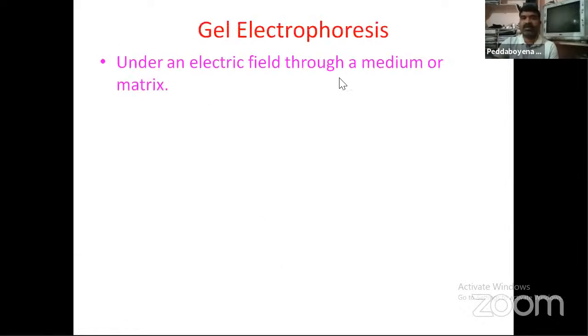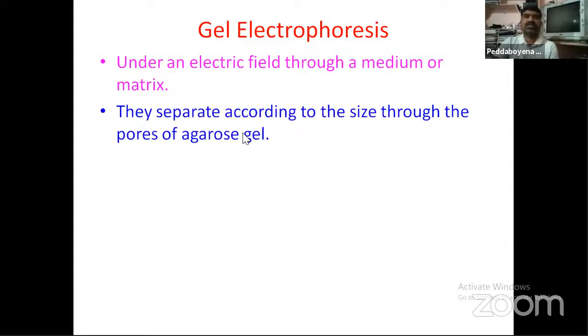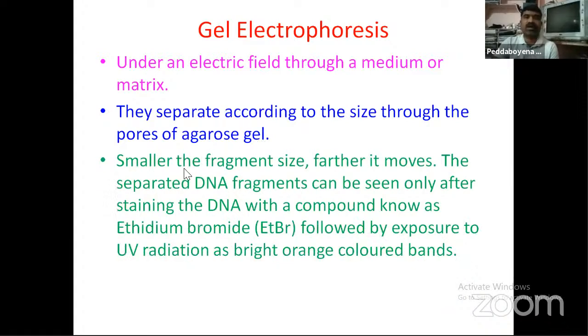Under an electric field through a medium or matrix, medium means agarose, they separate according to size through the pores of the agarose gel. The smaller the fragment size, the further it moves. The separated DNA fragments can be seen only after staining the DNA with a compound known as ethidium bromide.